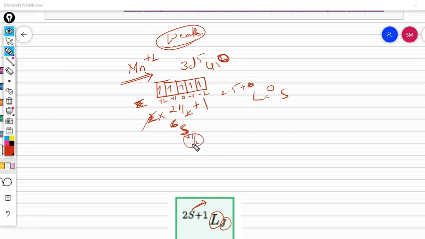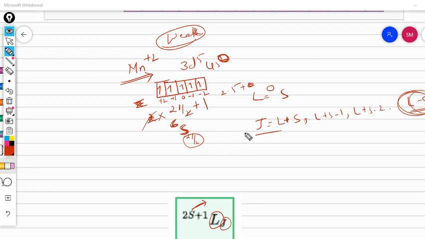The highest J value comes from L plus S, then L plus S minus 1, then L plus S minus 2, up to L minus S, which is the least value. In this way we can calculate the J value also.